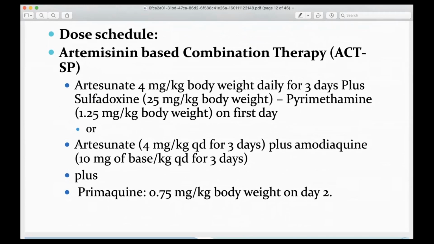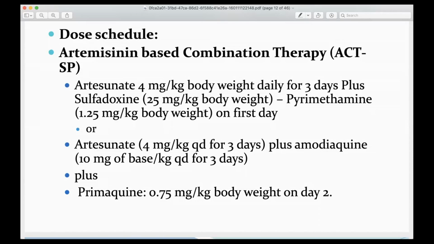Artesunate is 4 milligram per kg body weight daily for 3 days plus sulfadoxine, which is 25 milligram per kg body weight, and pyrimethamine 1.25 milligram per kg body weight on the first day. Or you can start artesunate plus amodiaquine, because sulfadoxine has some allergic reaction, some intolerance.